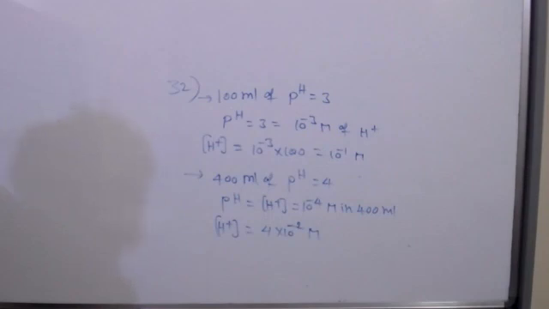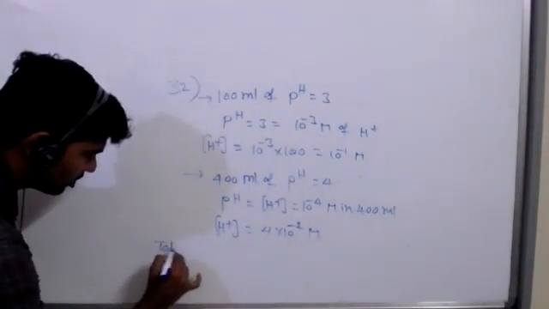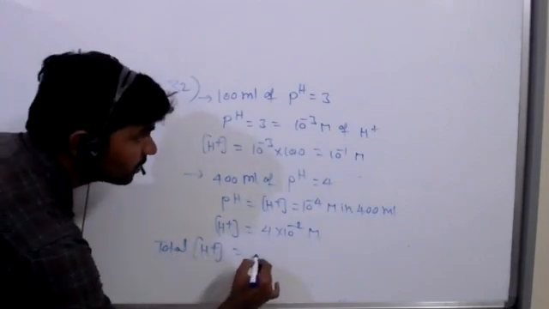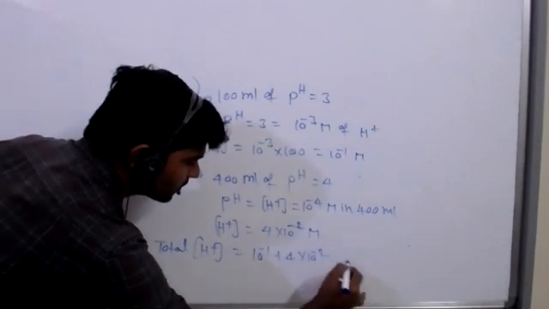Okay. For the total H plus, add that 4 into 10 power minus 2 plus 10 power minus 1. Total H plus is equal to 10 power minus 1 plus 4 into 10 power minus 2.